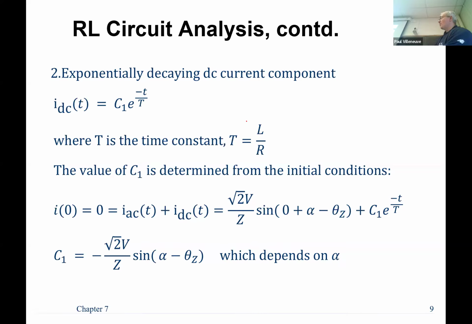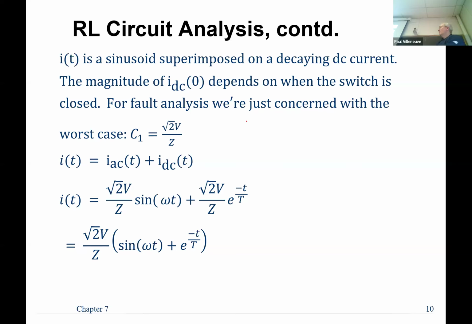So you can see, when will the sine of alpha minus theta Z be at its greatest? Any ideas? When the two of them are 90 degrees apart. Right. When they are 90 degrees apart, you end up with the peak value. So the peak value becomes square root of 2 V over Z. That's the C1 component.